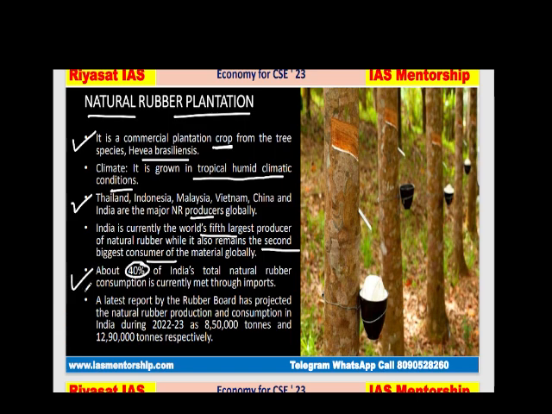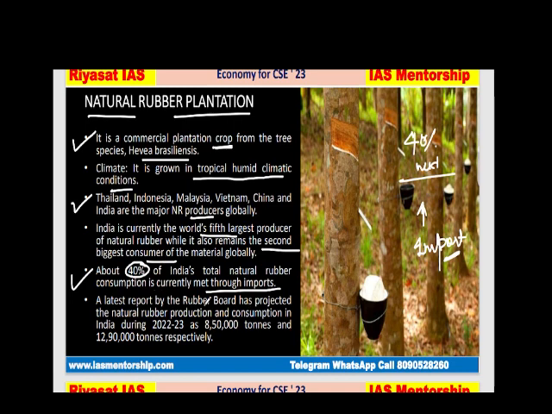Now, 40% of the natural rubber in India is being met through import. The 40% need of India's rubber comes from import, not from domestic growth. Clear?